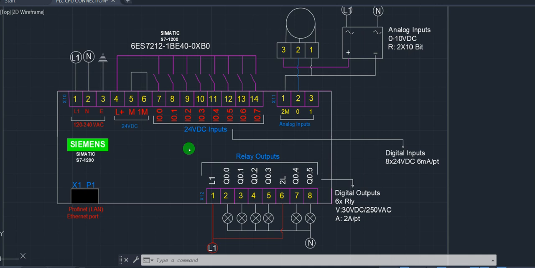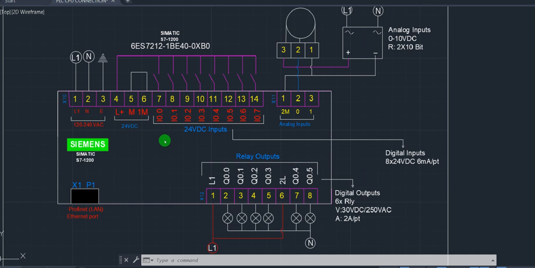Now, if I use my live conductor to supply my switches here, what I'm doing is syncing. Then neutral goes to the output here. That is syncing connection. Then if I do the opposite, using my negative or my neutral to supply here, when I come to the output, I'm going to use the opposite supply on the other side.